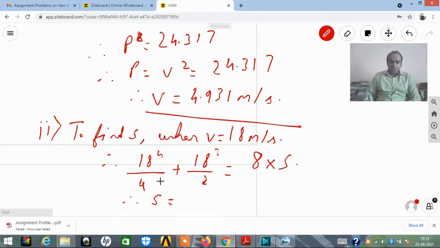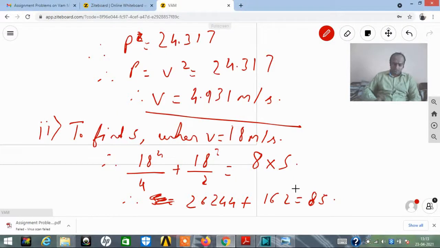I will be writing it in detail: 26244 plus 18 square, that is 324 divided by 2, that is plus 162, is equal to 8 times s. Now I can write s directly: 162 plus 26244 divided by 8 is 3300.75. S is equal to 3300.75 in terms of meters.